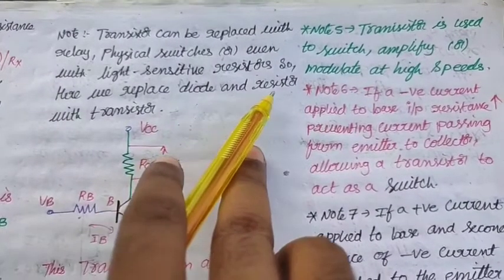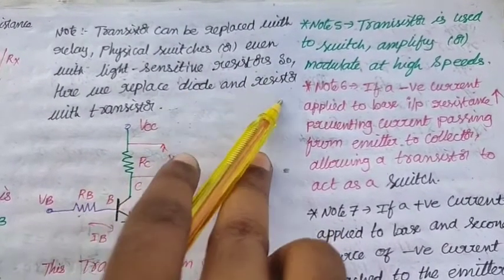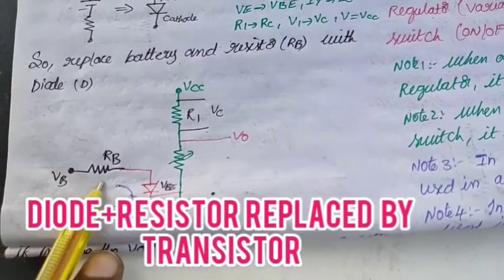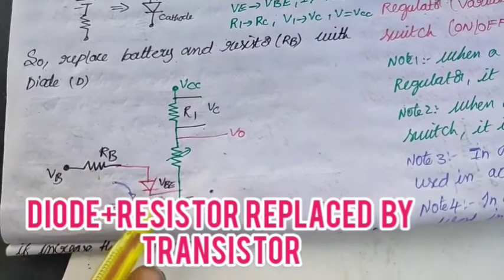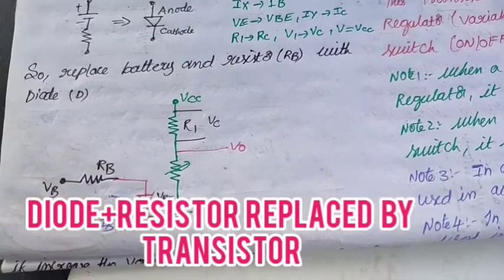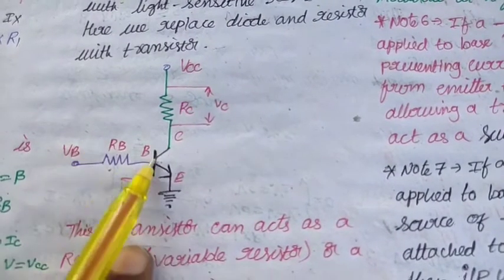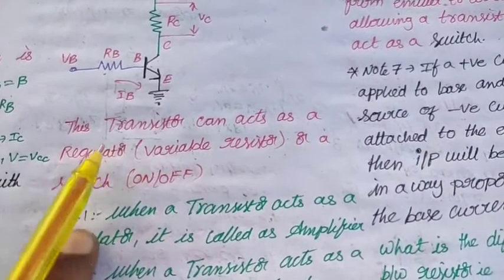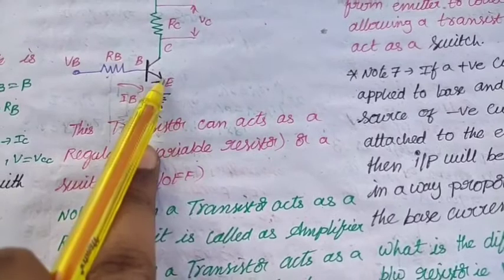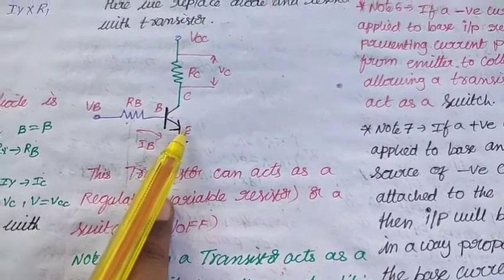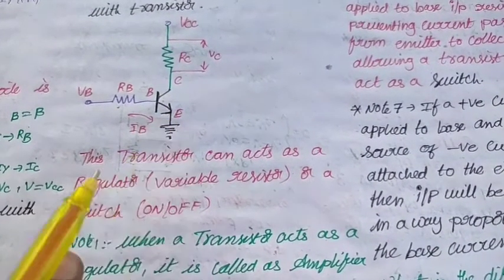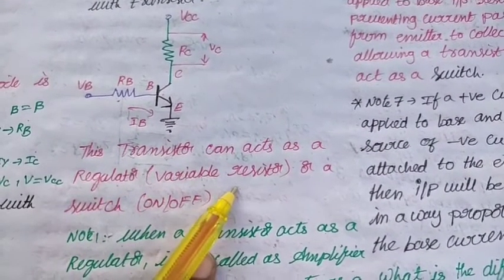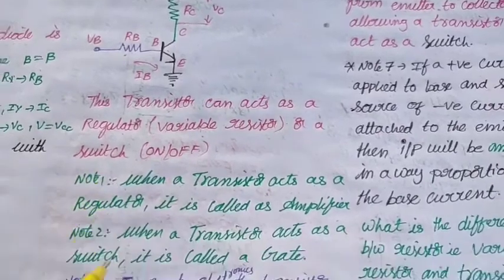So we replaced the diode and resistor with a transistor. The circuit will come in this way. This transistor acts as a regulator, that is a variable resistor. So this transistor also acts as a variable resistor or a switch.